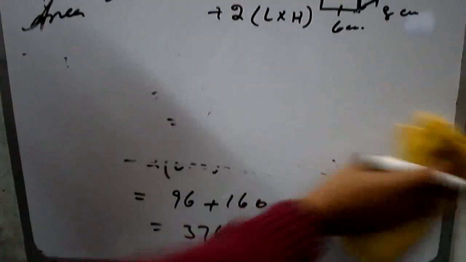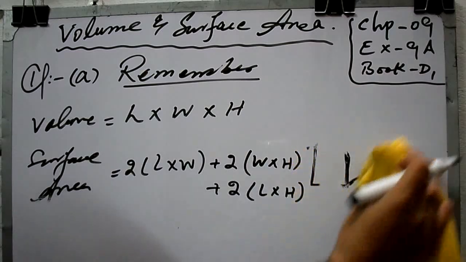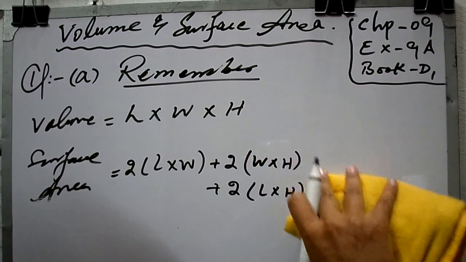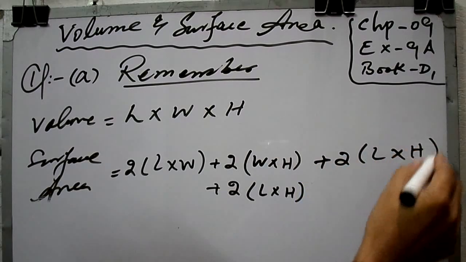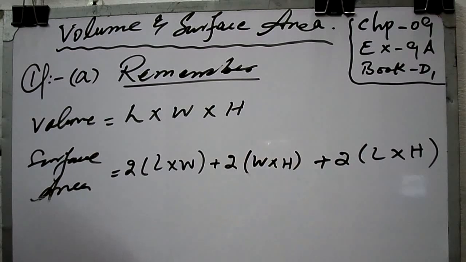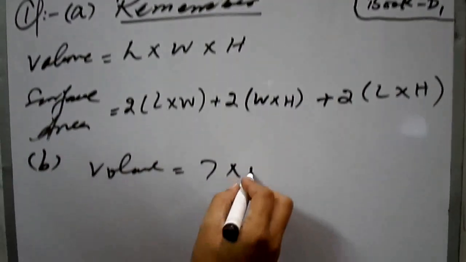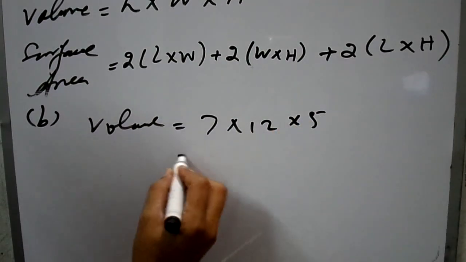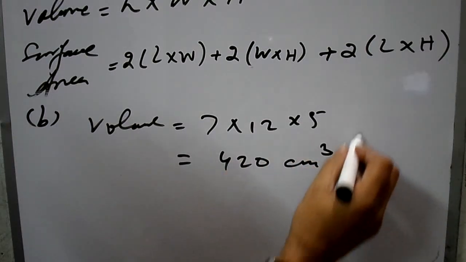Similarly, in B part, you can see in B part, volume is equal to, you can see in your textbook the given values, that is 7 into 12 into 5, so you can get 420 centimeter cube.